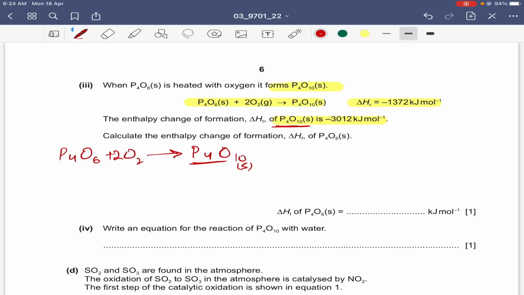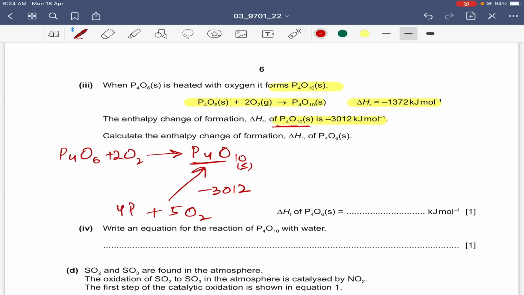So it would be formed from its elements under standard conditions. So we would have P4 or 4P, whatever you can write, reacting with 10 oxygen. So the standard state of oxygen is diatomic form, right? So these two elements will combine to form P4O10, and the delta H formation for this reaction is -3012, right?